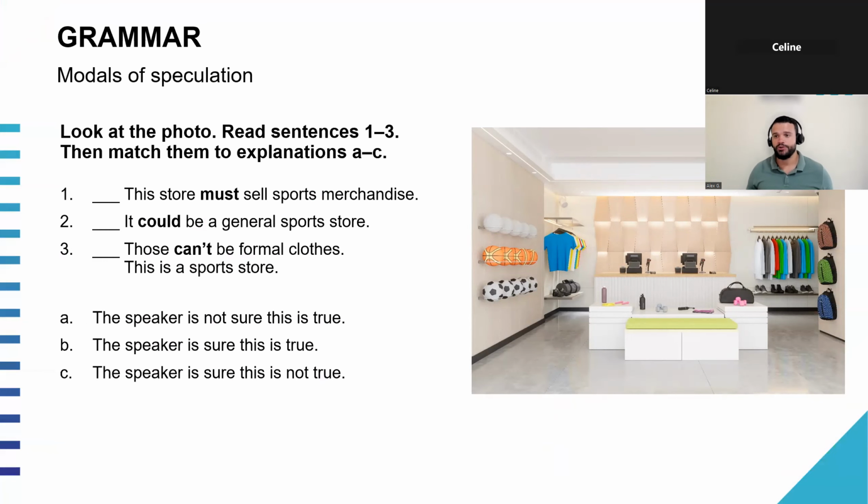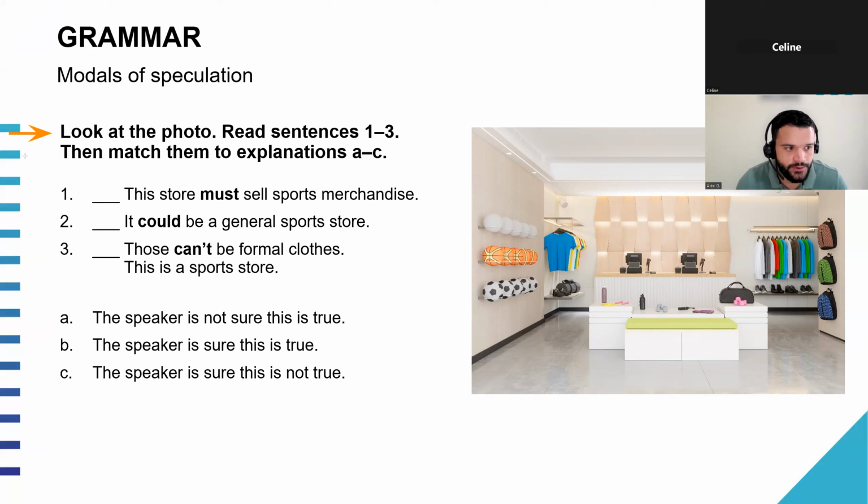So now we're going to speculate. We're going to use the models to speculate. Let's read the instructions here together. Can you read this here, Celine? Look at the photo. Read sentences 1 to 3. Then match them to explanations A to C. Very good.